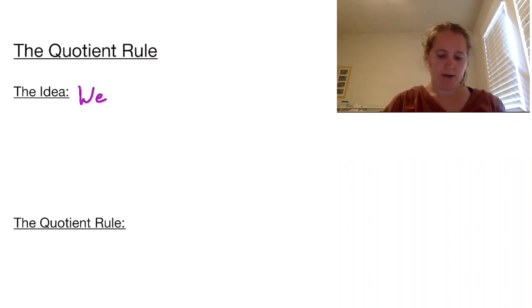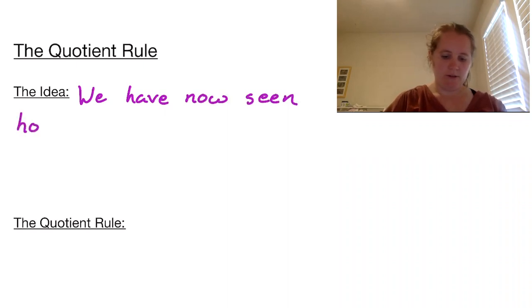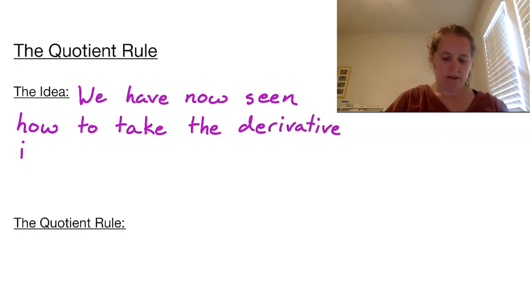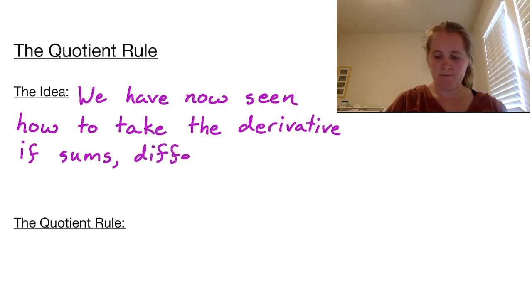So we have now seen how to take the derivative if sums, differences, or products are involved.